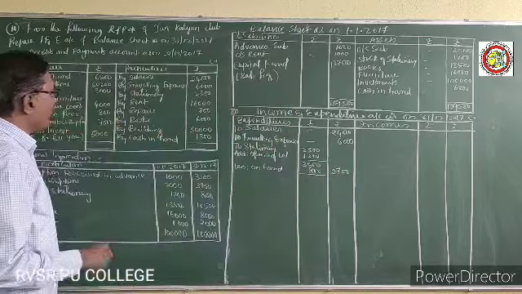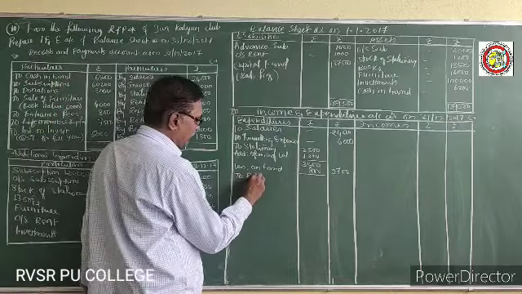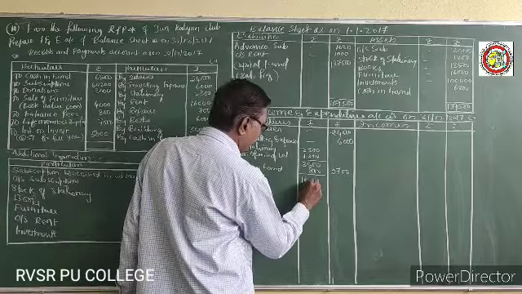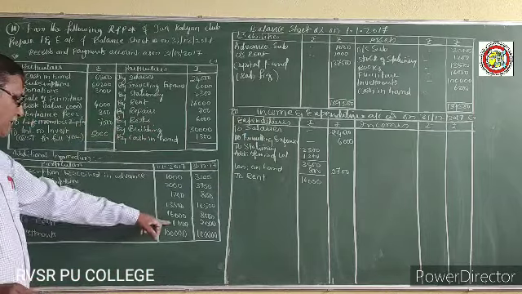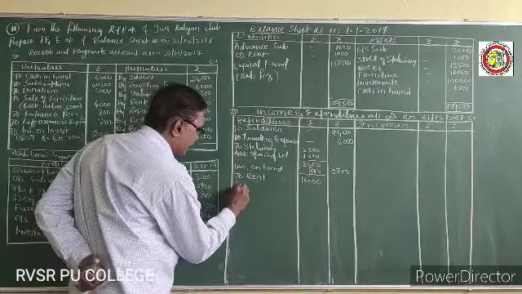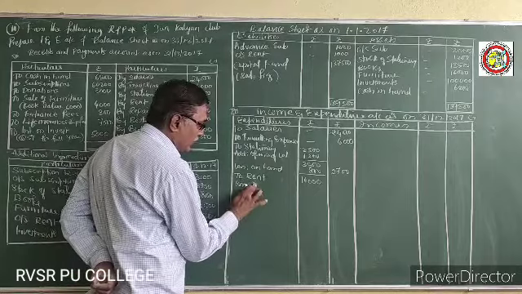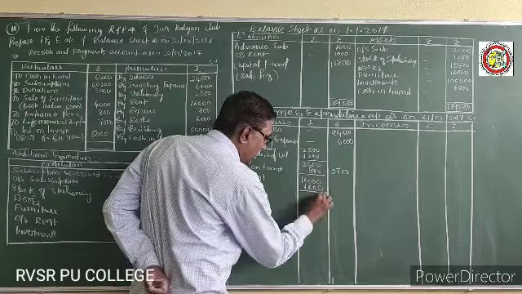Next, go to the rent. To rent 16,000. Less outstanding rent of the previous year 1,000, so 15,000.